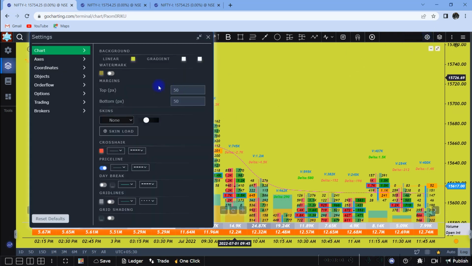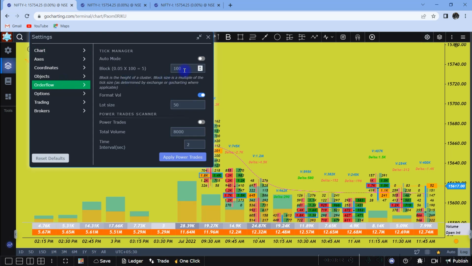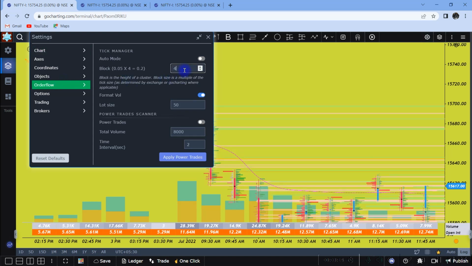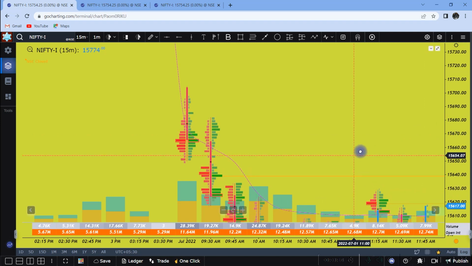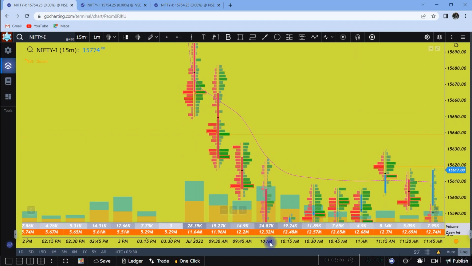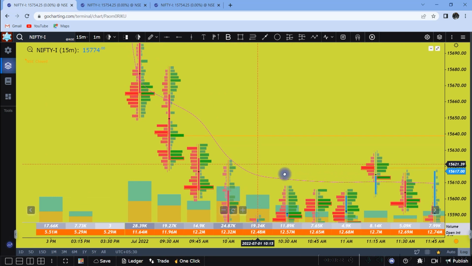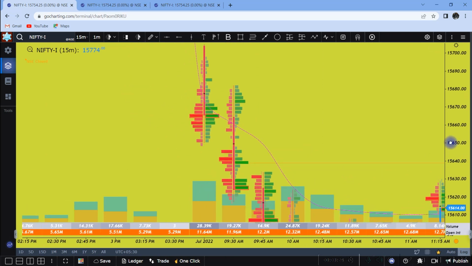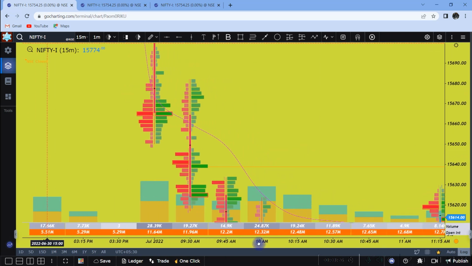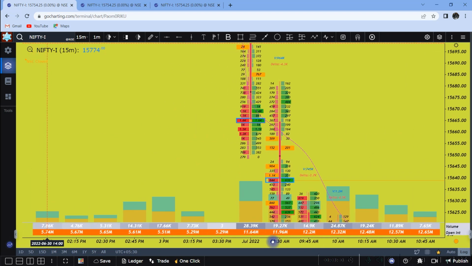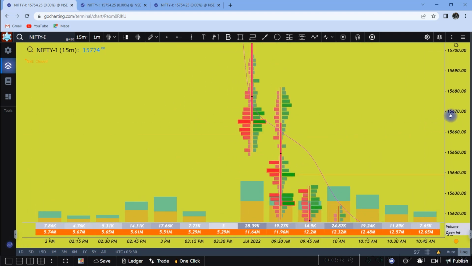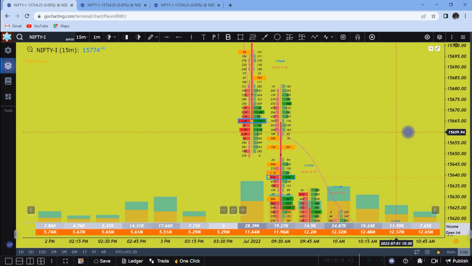I change it depending on the volatility. In markets where the Nifty isn't moving much, I'll reduce it even further. In markets like we are having these days, I prefer to keep it at 2, and it's finally your choice. I keep it at 2 so I can get granular detail as well as the long-term view.